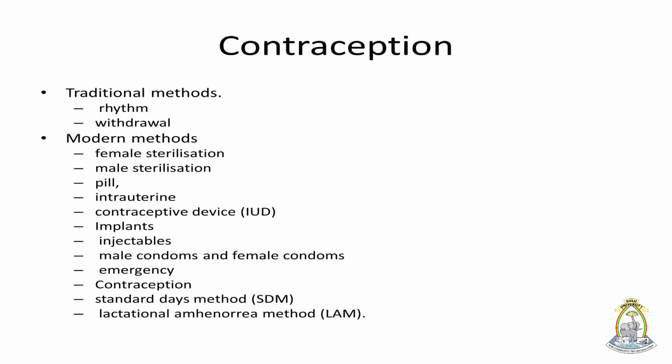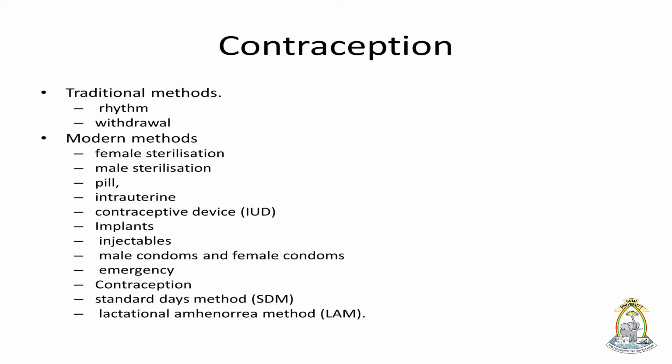We have intrauterine devices like the IUDs. It could be copper IUDs or the progesterone-releasing IUD. We have the implants, which are implantable methods. We have the injectable methods. We have the barrier methods, with female and male condoms available in our market.